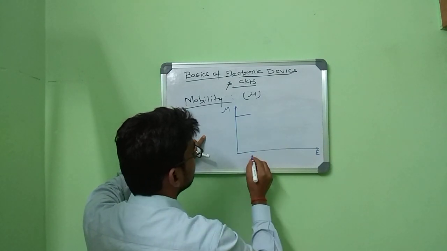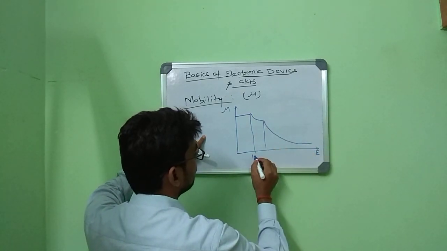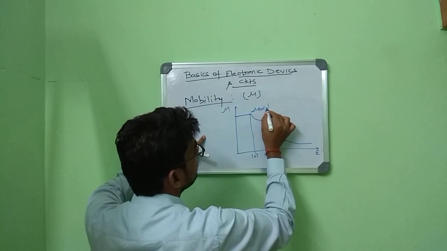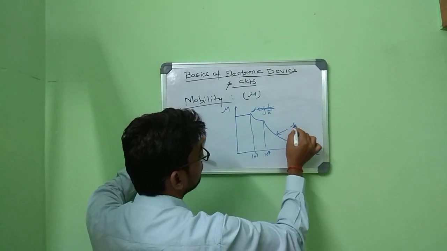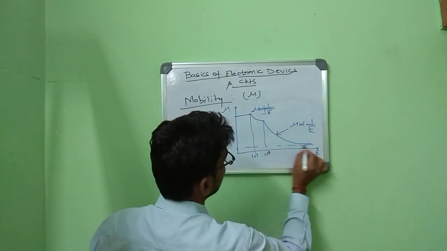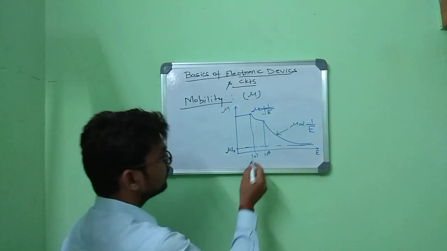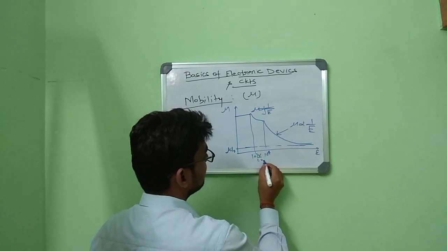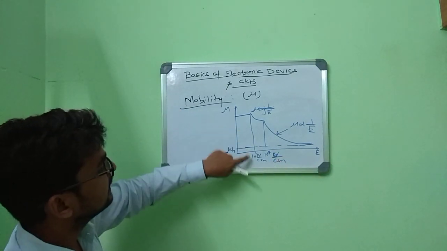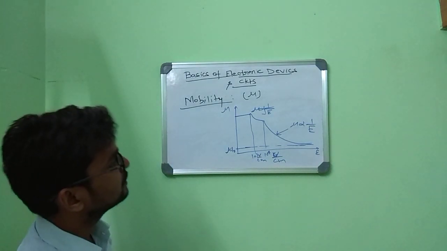Till here it is constant, mu naught, up to about 10 to the power 3 volt per centimeter. After that, mu is proportional to 1 by under root E. After 10 to the power 4, mu is proportional to 1 by E, and at very high electric field you will find a small mobility.